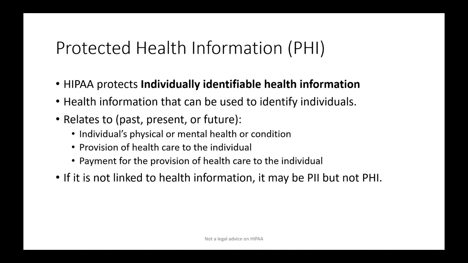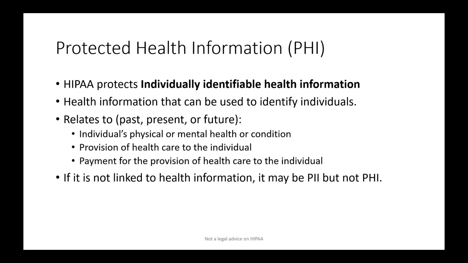First of all, it's PHI. PHI stands for Protected Health Information, not personal health information, as some people may believe. What HIPAA does is protect individually identifiable health information. So it's important to have a distinction between PHI and PII here. PII is a common term, personally identifiable information.